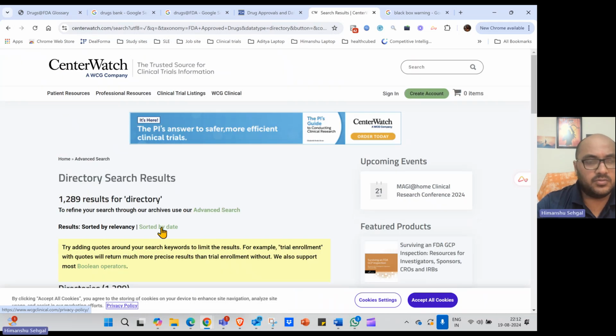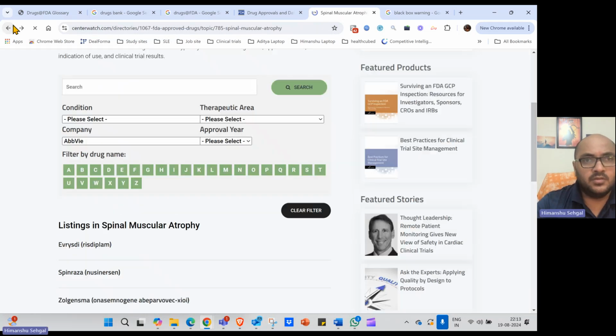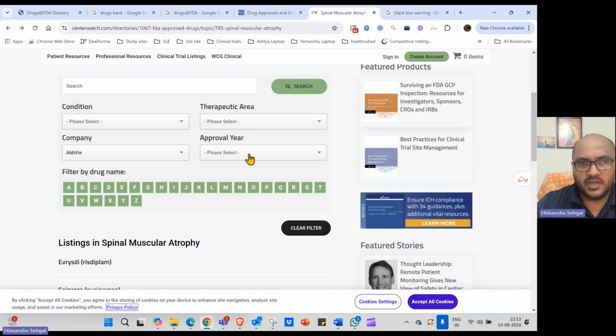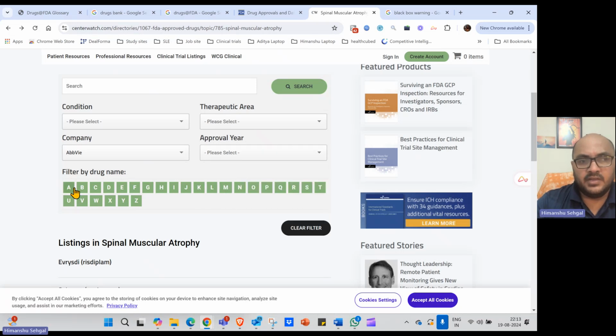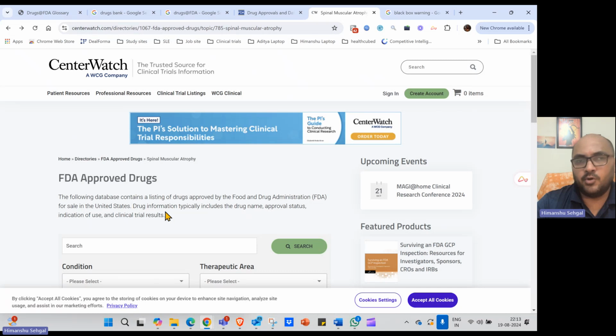I don't know what it showed. Sorry. So I'm pretty sure you've gotten the idea. And by years, so you can check out by year as well, then by filter name, and sort. So this is an important update.